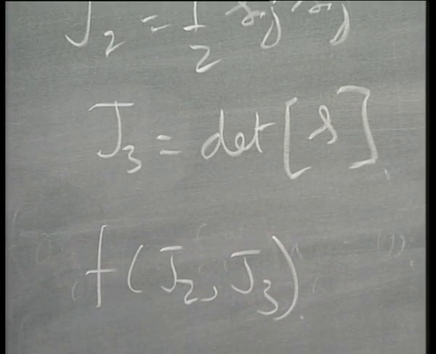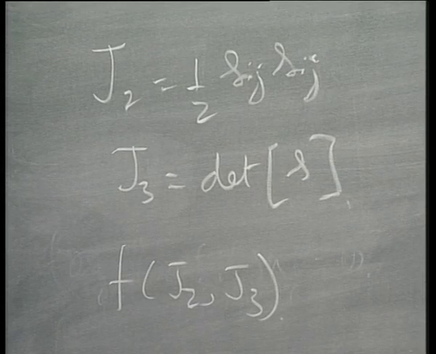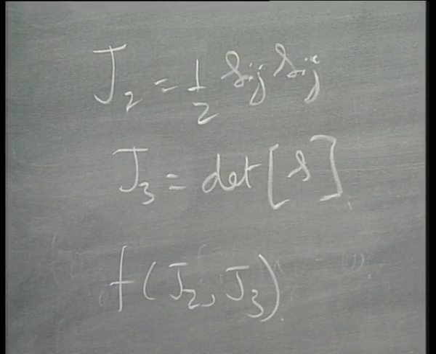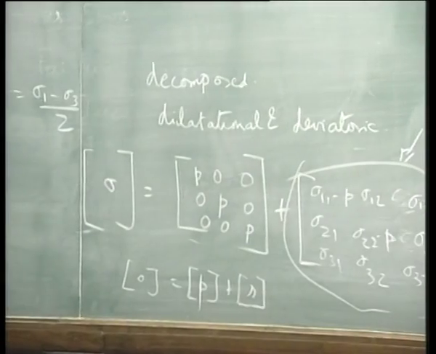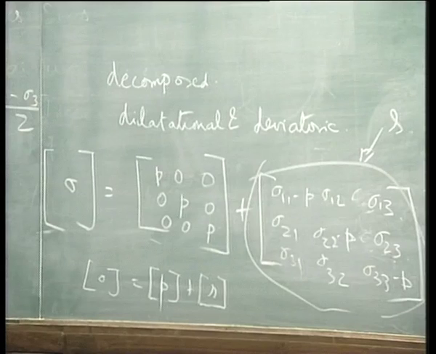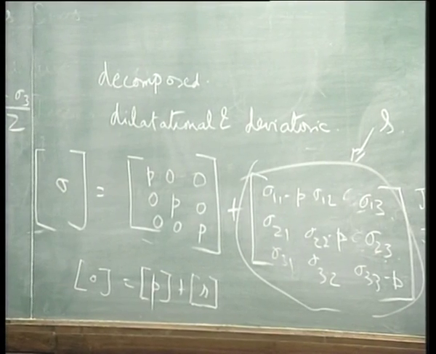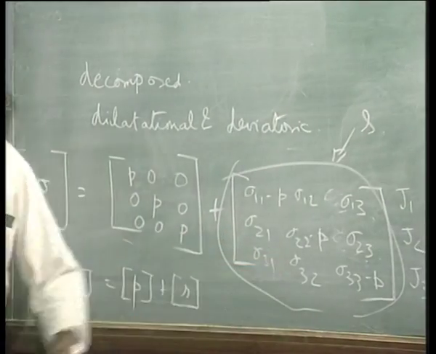Just to recapitulate, what we did was to split this sigma into two parts. By experiments it was shown that the dilatational part does not have much effect and the deviatoric part has an effect on yielding. So we took this up for further study.